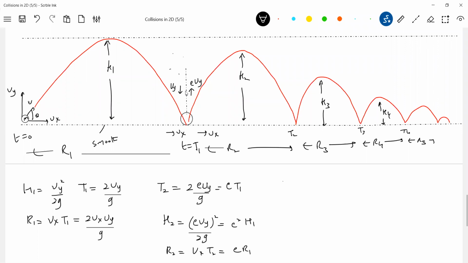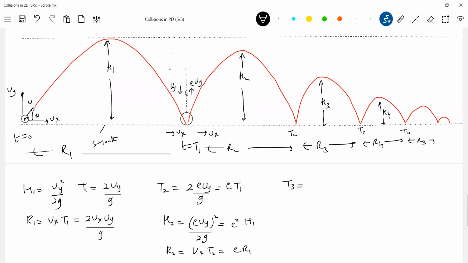Next, for the third time of flight. Shouldn't T1 be Uy by g? No, my time of flight, the total time of flight, is 2Uy by g. Okay, this one.